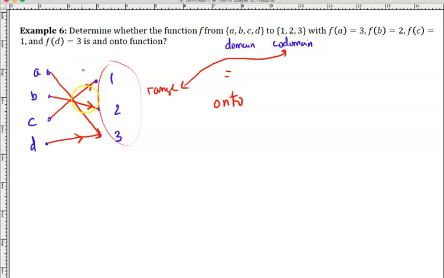This takes into account that first rule, that all the values in the domain need to be used. When we invert it, when my codomain becomes my domain, they all need to be connected with elements in the domain in order for the inverse to fulfill the function rule.